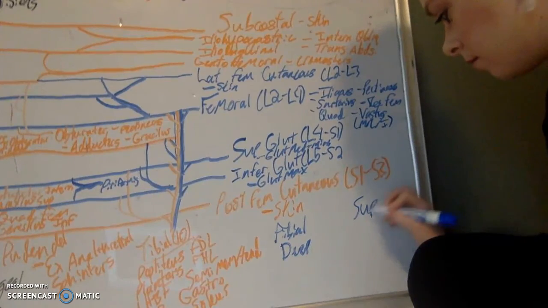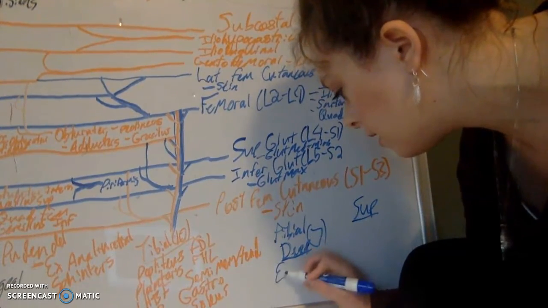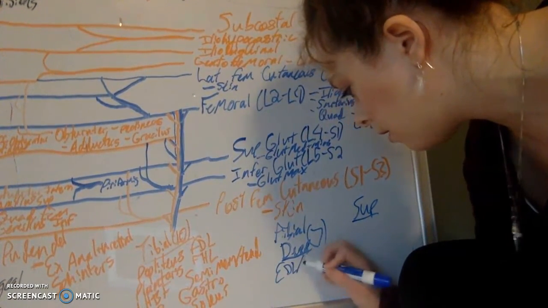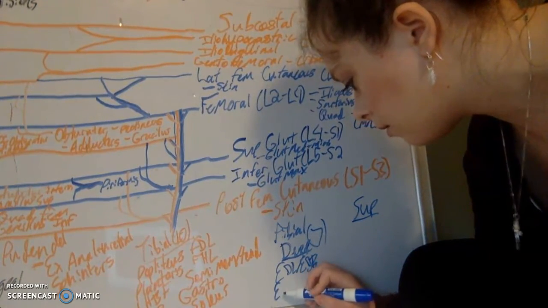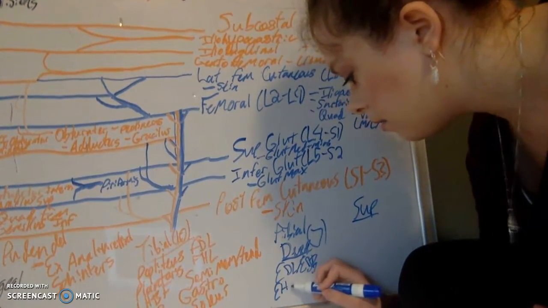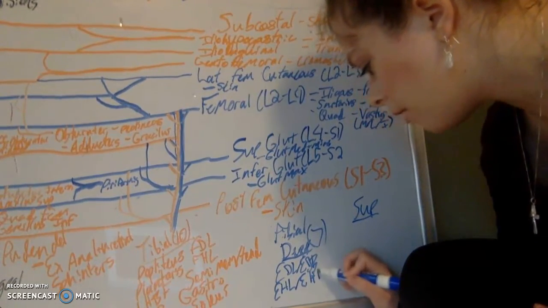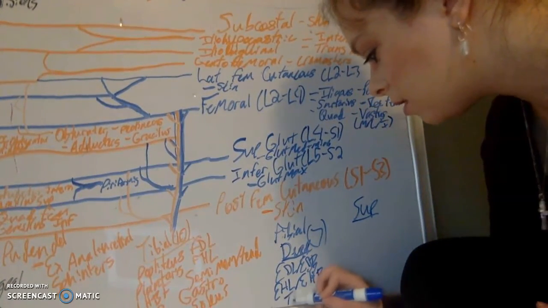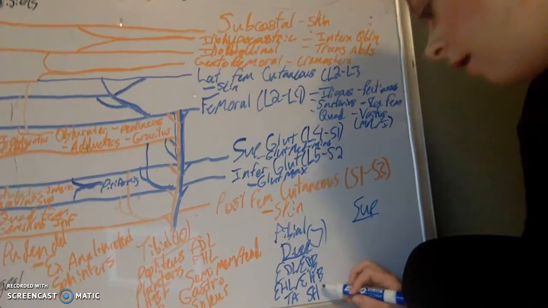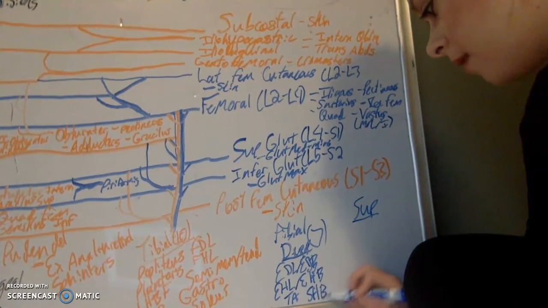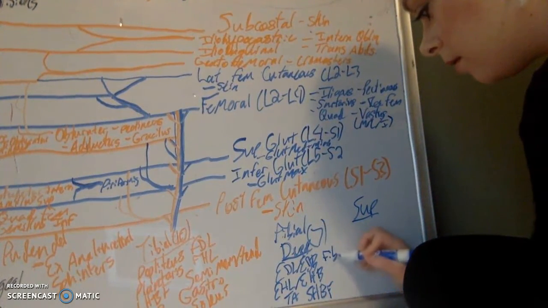And then the fibular portion is going to have a deep aspect and then a superficial aspect. The deep portion will innervate 7 muscles. It will innervate the extensor digitorum longus, the extensor digitorum brevis, the extensor hallucis longus, the extensor hallucis brevis, the tibialis anterior, and the short head of the biceps femoris, and the fibularis tertius.